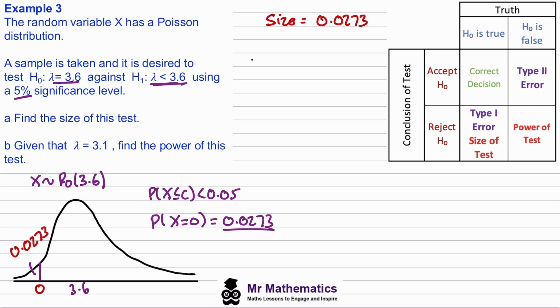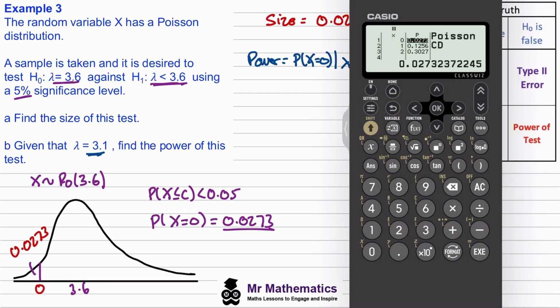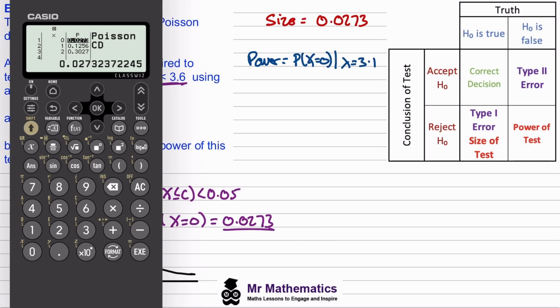And then for the power of a test, this is when we reject H0, given that H0 is false. So we want the probability of X equaling 0, given that lambda is actually 3.1. And we can work this out on our calculators. If we go back, this time we can choose Poisson PD, because we want X to be exactly 0.